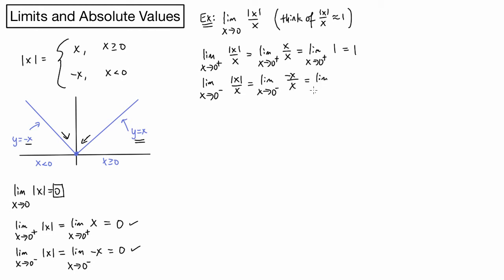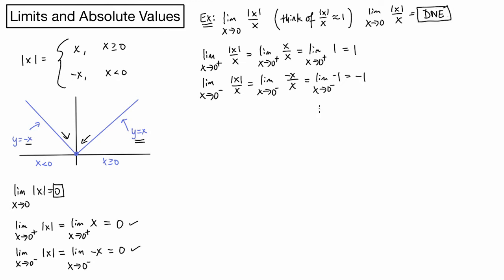And so the limit I would be evaluating here is negative 1. What this says is that the limit from the left and the limit from the right don't agree. So this limit as x goes to 0 of the absolute value of x over x doesn't exist, because the one-sided limits don't agree.